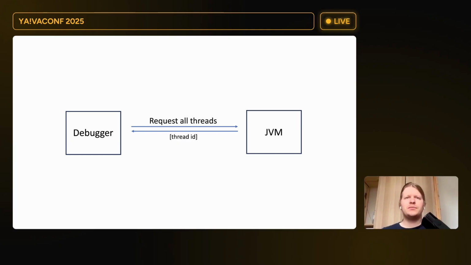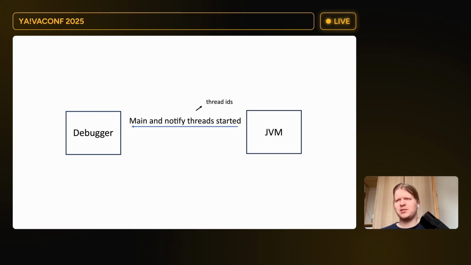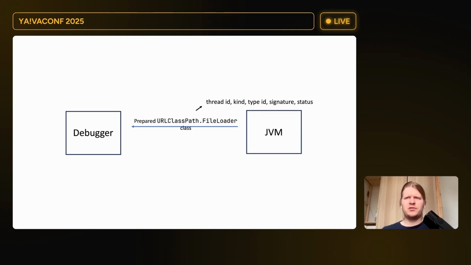Anyway, then the debugger also wants to know, hey, are there any threads running that I need to know of? And the debugger is like, please, every time a thread starts, could you tell me? The JVM tells it, okay. And then the JVM tells the debugger, hey, the main and the notify thread, which is something related to housekeeping, have already started, and here are the thread IDs.